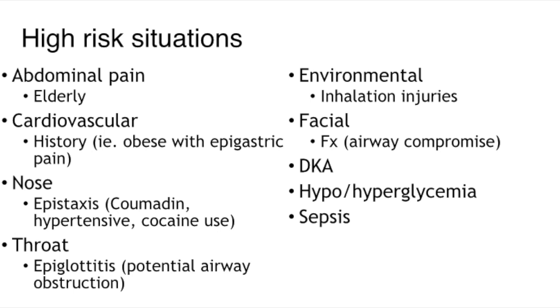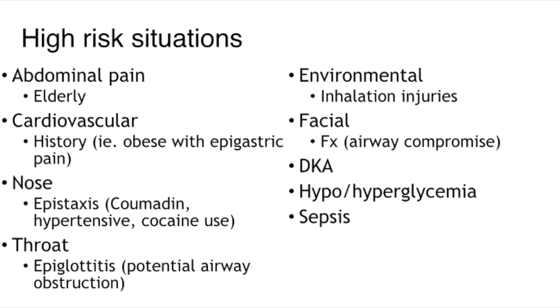So another key word that may make this a high risk: if the patient is complaining of a ripping kind of abdominal pain, you want to consider perhaps this could be an abdominal aortic aneurysm, and they should be in a high risk category and brought in for evaluation.